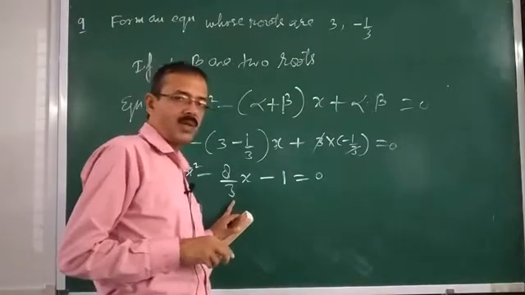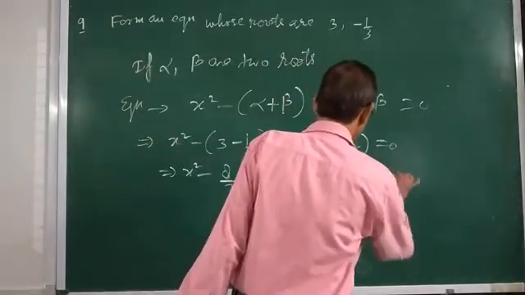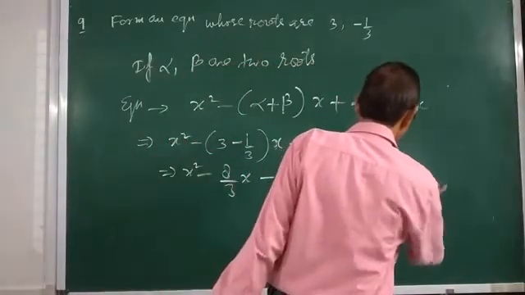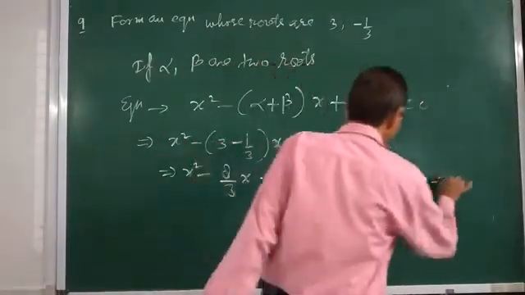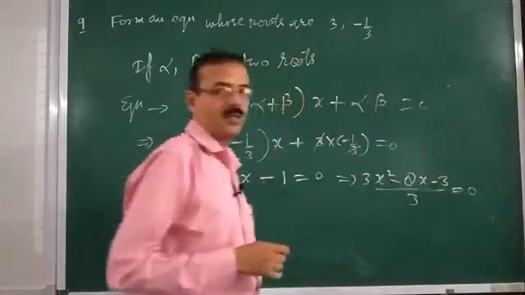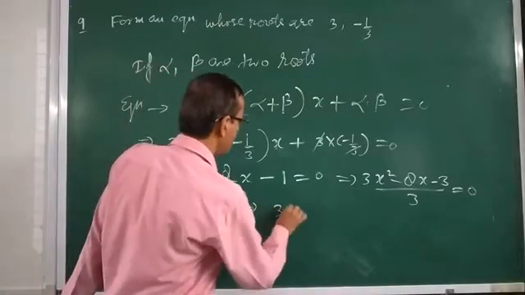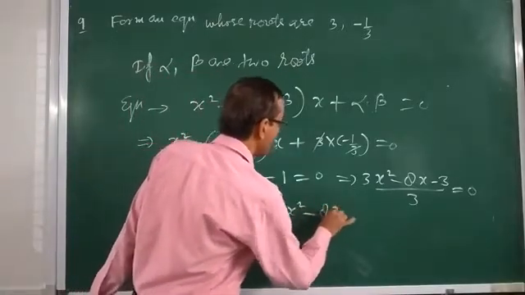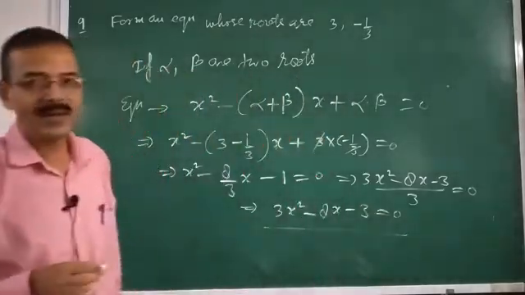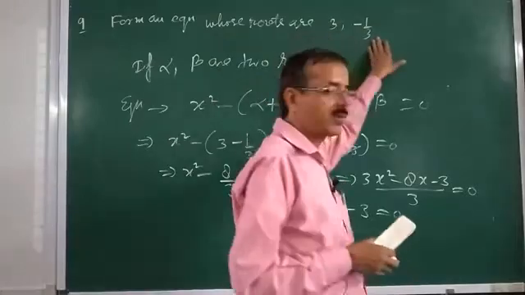Okay, simplify with LCM, so we can write 3x square minus 8x minus 3 upon 3 is equal to 0. Transpose the 3, right side will be 0. So we can write 3x square minus 8x minus 3 is equal to 0. This is the required equation by taking these two roots 3 and minus 1 upon 3.